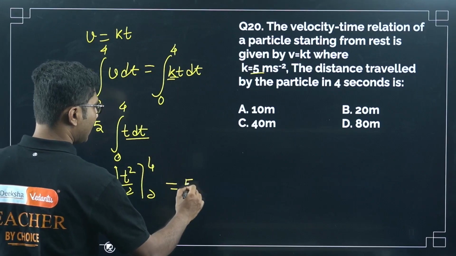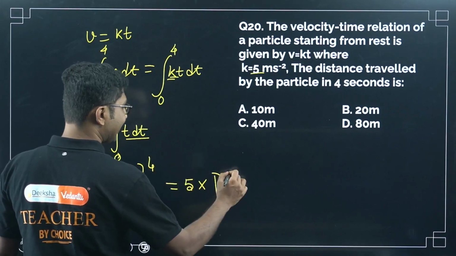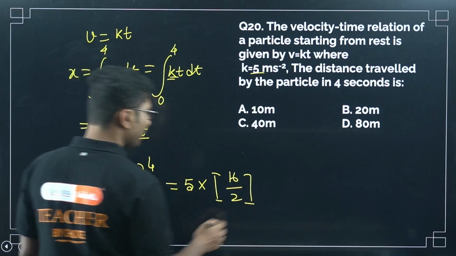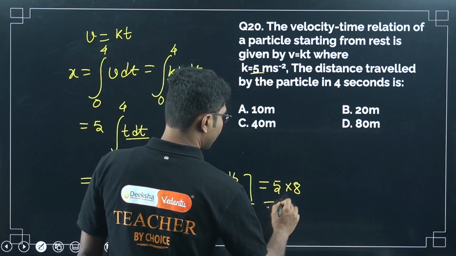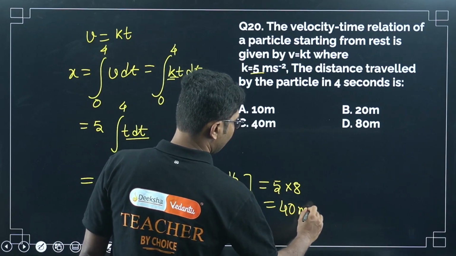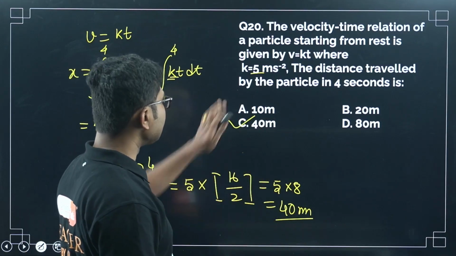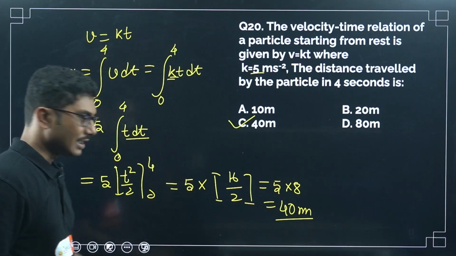So 5 times t square is 16 divided by 2, 0 is obviously 0. So 5 times 8 is equal to 40 meters. 40 meters is the correct answer. Simple question. If you know how to find the displacement, this is an easy question.